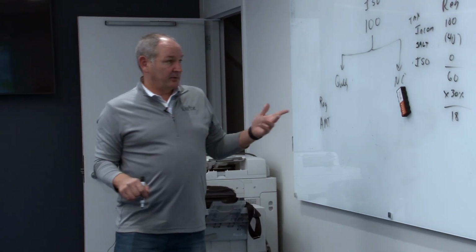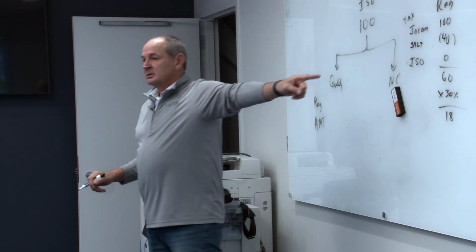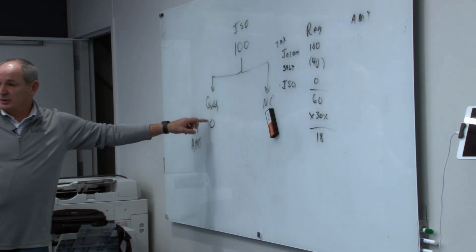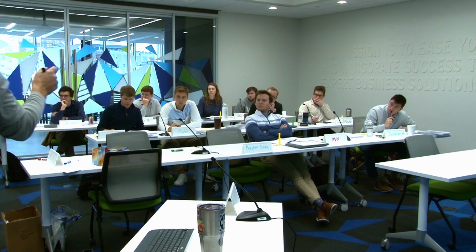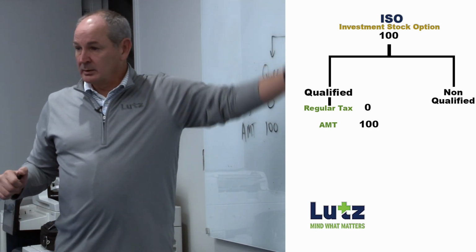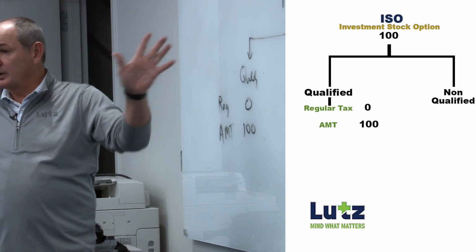But now for AMT purposes, you see I got ISO at 0 here. So an ISO that falls into the qualified option results in 0 taxable income for regular tax. Well, that sounds nice, doesn't it, Max? Oh, it does. But for AMT, they say it's $100. So now I go to my second tax calculation column to figure out which is which.